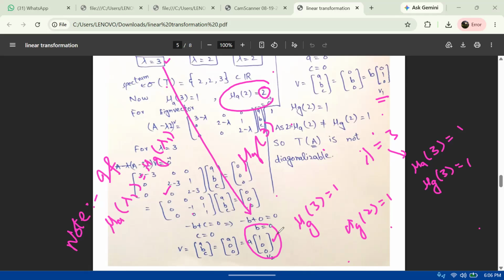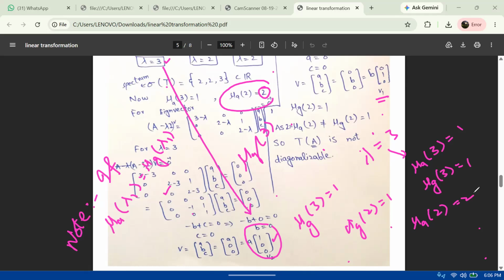But there is a problem here. For lambda equal to 2, the algebraic multiplicity is 2. Why is it 2? Algebraic multiplicity means how many times the eigenvalue lambda equal to 2 comes. It comes 2 times, so its algebraic multiplicity is simply 2. But the problem is that its geometric multiplicity is 1.